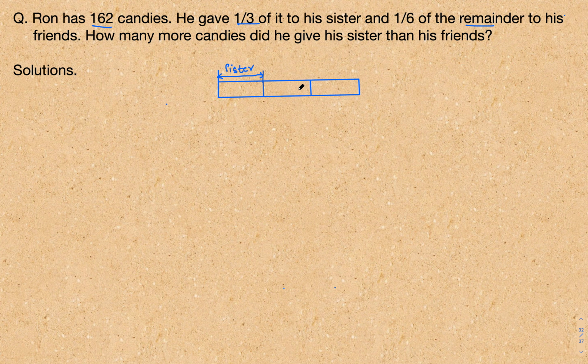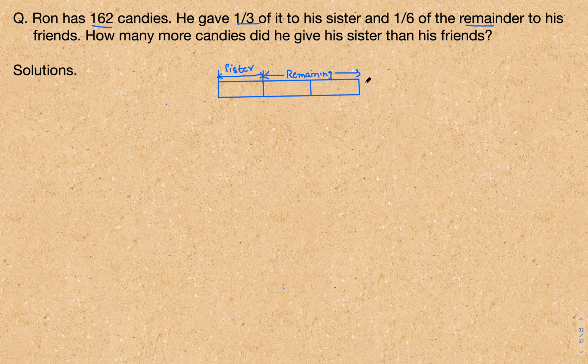So what we have left here, all this is the remaining, right? If you observe here, there are only two units left, two parts of whatever he is having.